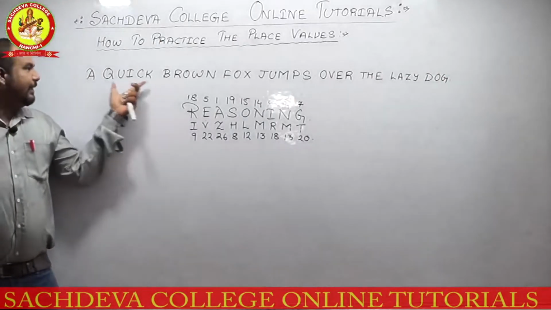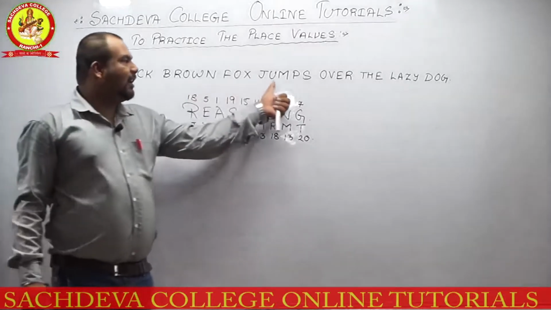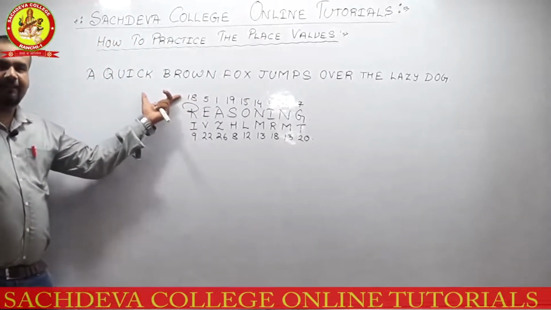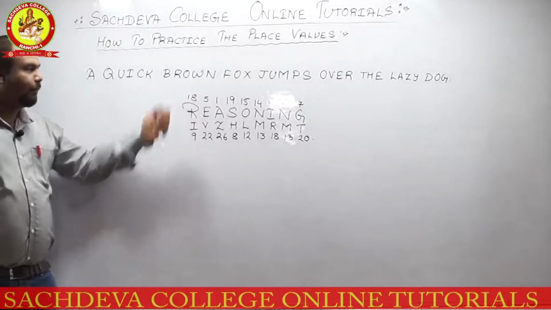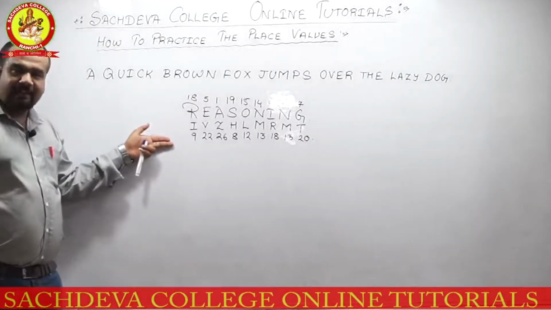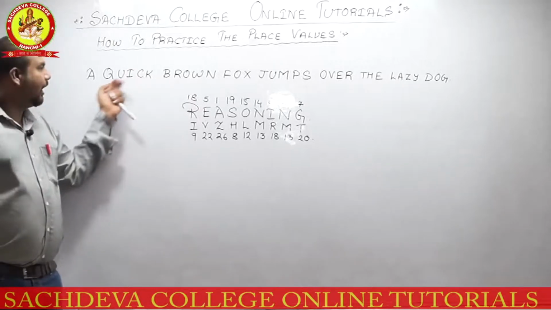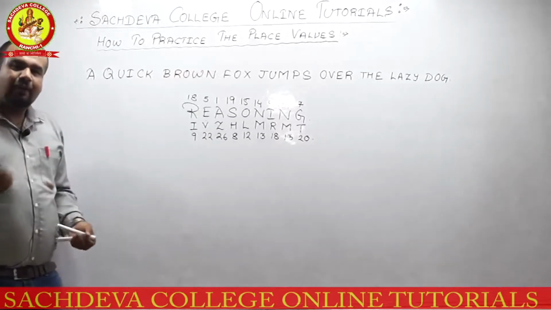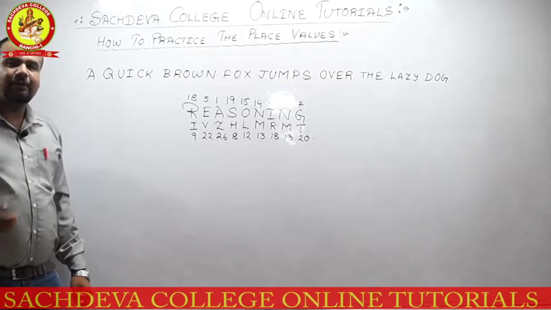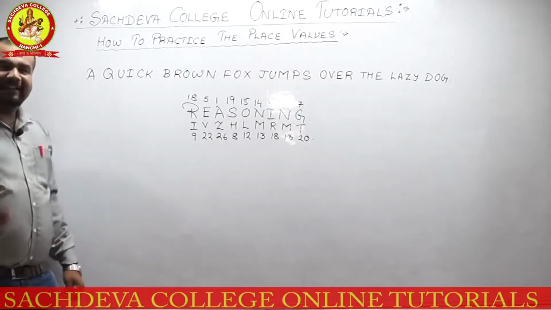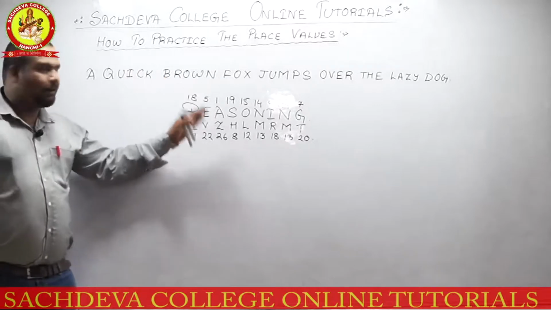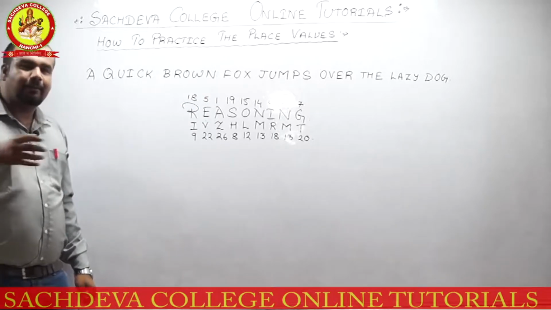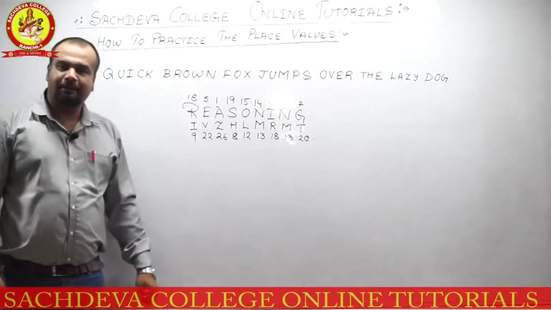What you can see is: a quick brown fox jumps over the lazy dog. There is a speciality with this sentence, that every alphabet of English is present in it. Now, the thing we did in reasoning, the same thing you must do with a quick brown fox jumps over the lazy dog. When you get speed in the place values and opposite letter codes, that day you can know you have got proficiency in the place values and opposite codes of alphabets.